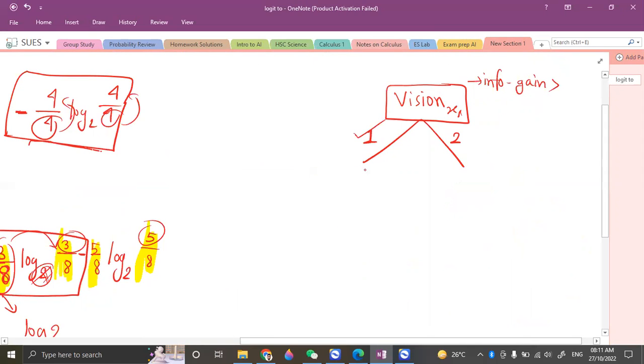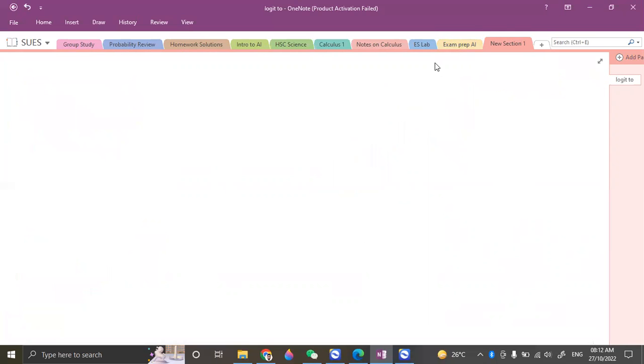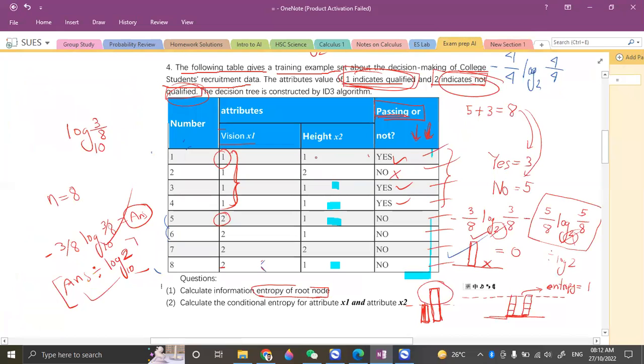If vision is qualified, then we go to another attribute, that is height. And for height, if height is qualified, then there is a result, and if height is not qualified, then there is another result, right? So see here, if height is qualified, then it is selected.